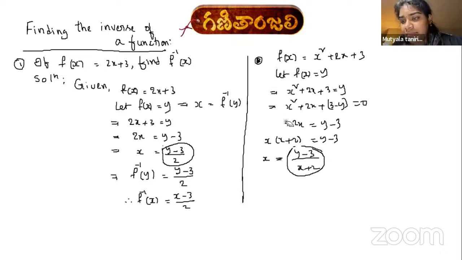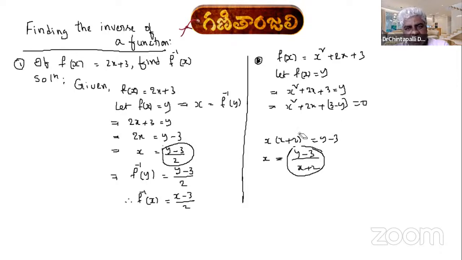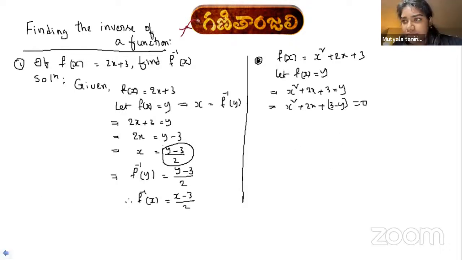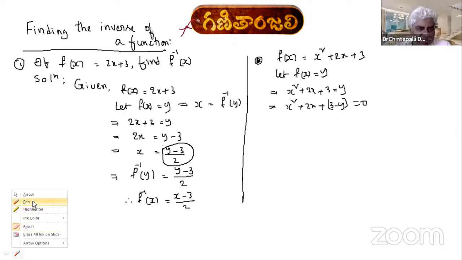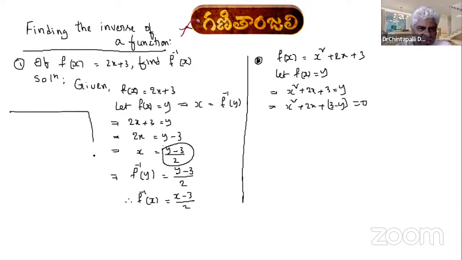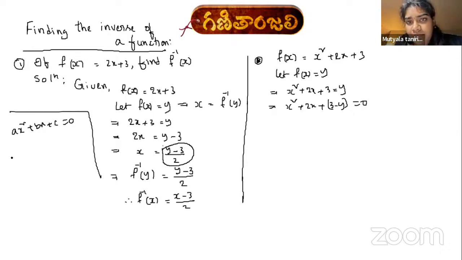As we know, for the quadratic equation ax square plus bx plus c is equal to 0, x is equal to negative b plus or minus the square root of b square minus 4ac, by 2a.